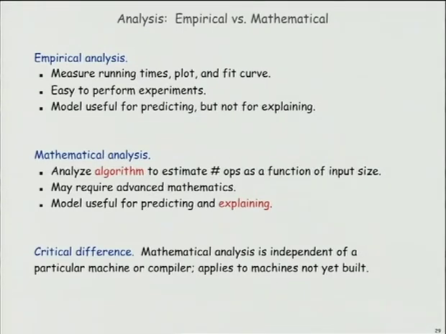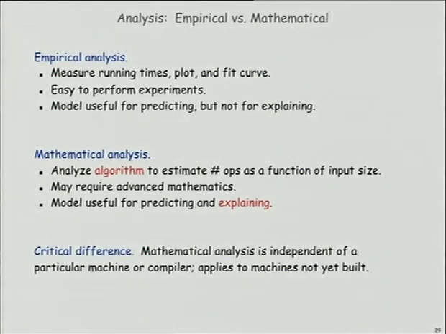On the other hand, you can do mathematical analysis, and that's where we count the number of operations. The things that we have done so far, and will do in class, are kind of easy to count. But you've seen it already, we have those formulas that you can prove by mathematical induction. And sometimes you really need advanced, really difficult mathematics to be able to count that. For that reason, mathematical analysis might be a bit difficult to do sometimes.